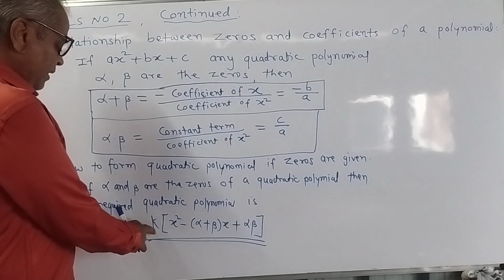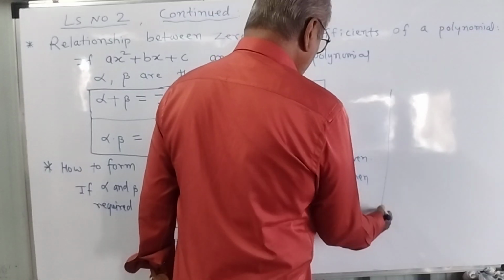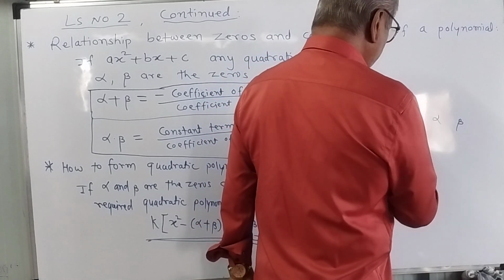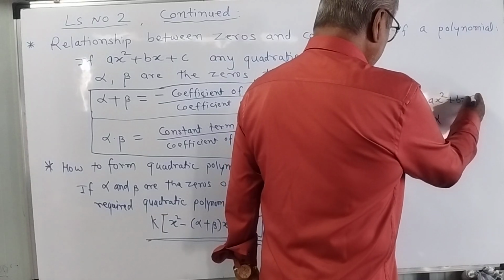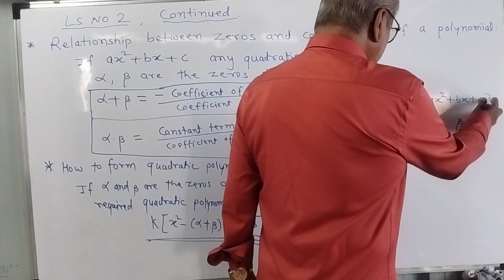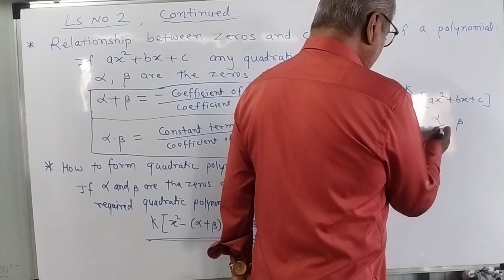Why is this k there? Because see, if alpha and beta are the zeros of the quadratic polynomial ax square plus bx plus c, then if you multiply this polynomial by any number k, the zeros are the same.